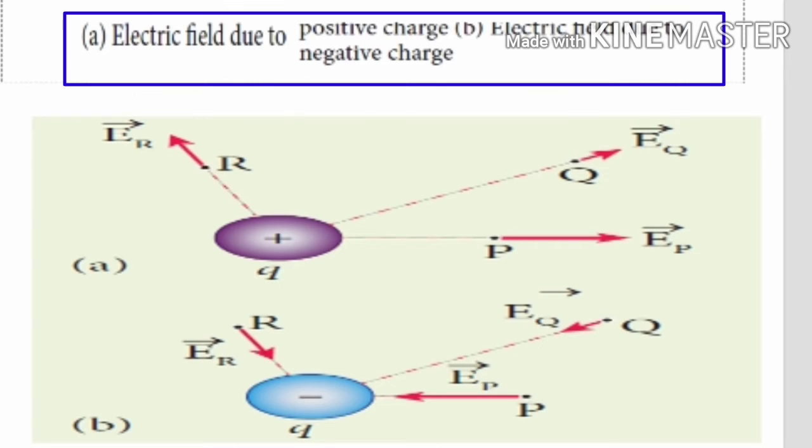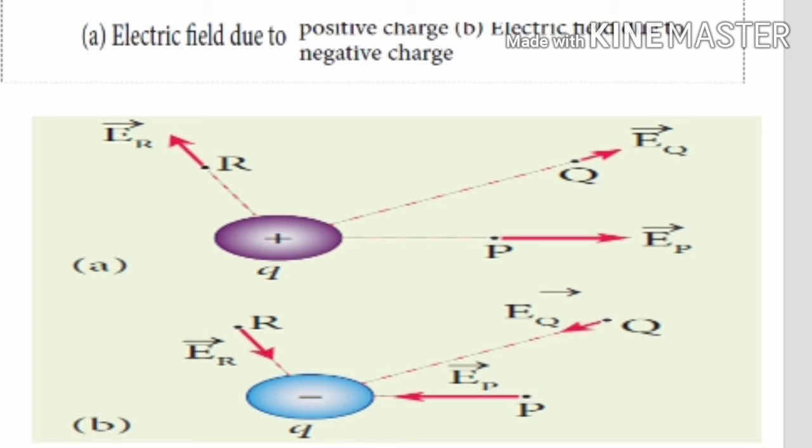Next one is electric field due to positive charge and electric field due to negative charge. Look at the first picture. Let us imagine a positive charge kept at a point. Let us imagine three different points P, Q and R around the positive charge Q. And here we are going to discuss at which point the electric field will be greater.